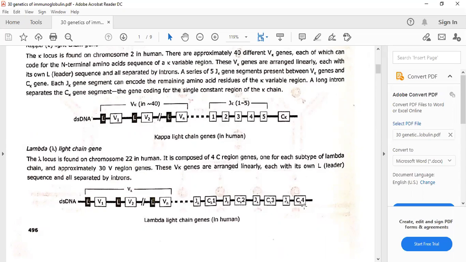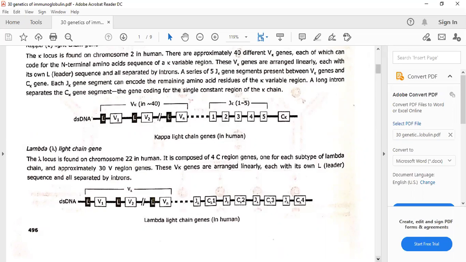The V region and the J region will mix together to make a complete variable region, and this J region will be used for the joining of the constant region to the variable region.